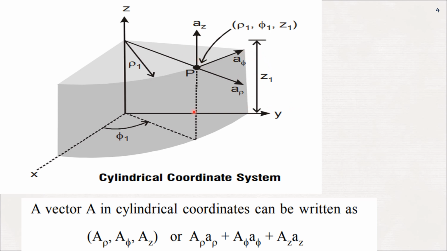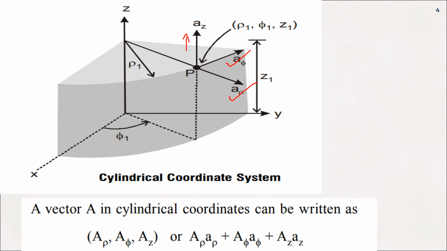Now you have three unit vectors. What are the three unit vectors? a rho in the direction of increasing radius of the cylinder. Then you have a phi, which is in the direction of increasing phi, and the last one is going to be a z. The a z is going to be in the direction of increasing z.